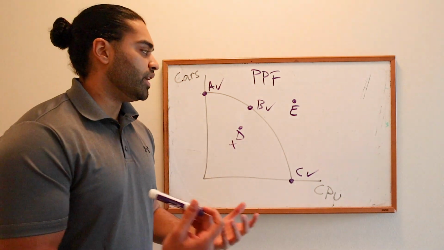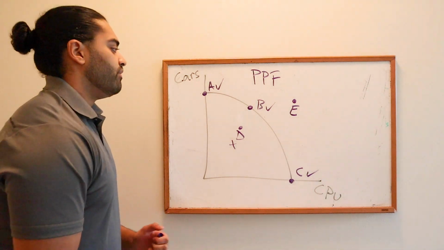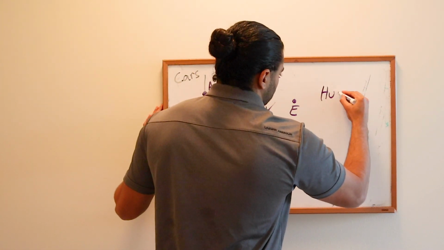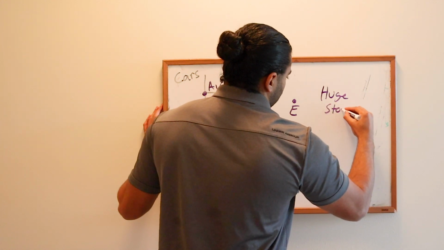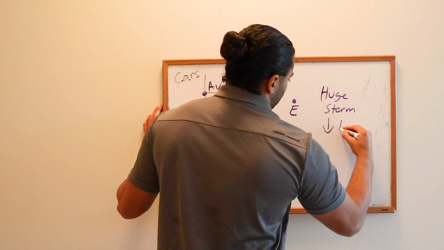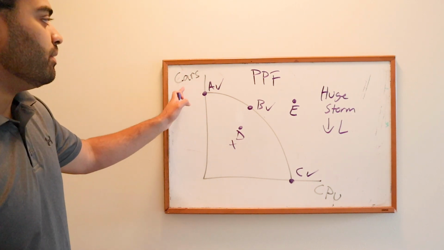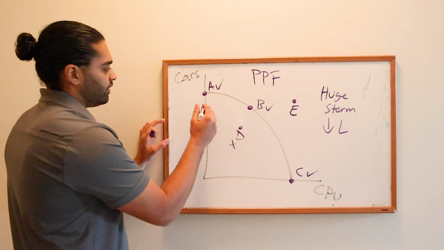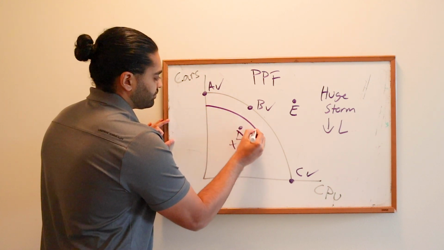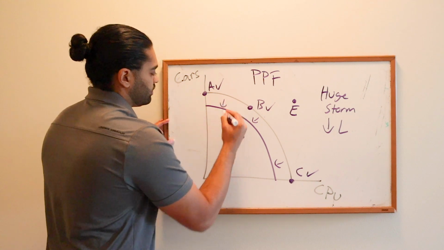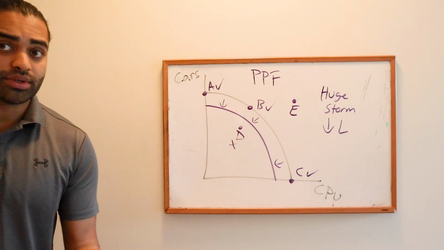Your combinations have reduced. So for example, if I said there's a huge storm, huge storm reduces labor. So labor affects being able to produce cars and computers, let's just say. So in this case, our curve is going to shift inward. Again, we have access to less resources.